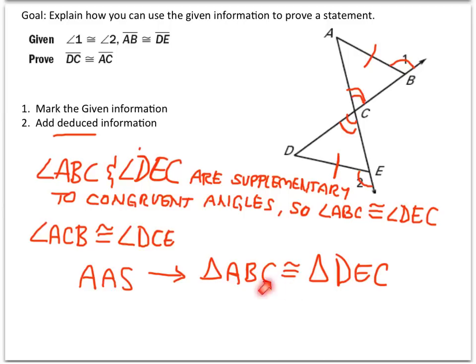Since the triangles are congruent, we know by this new added thing, the corresponding parts of congruent triangles are congruent, that these 2 parts are going to be congruent. So the only added step in this section is to say by CPCTC, we can say our conclusion, what we wanted to prove, that side DC is congruent to side AC.